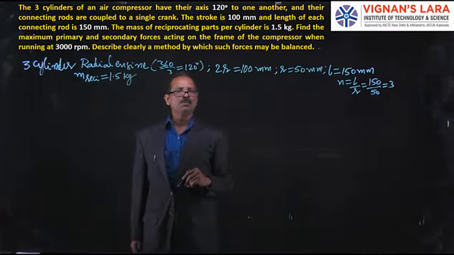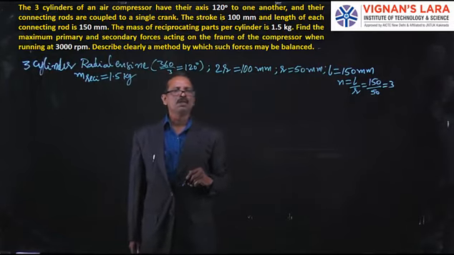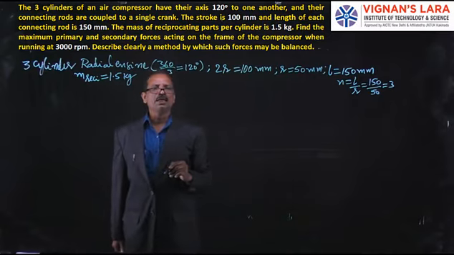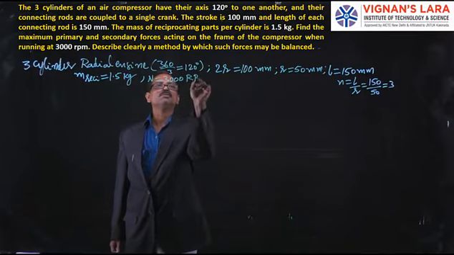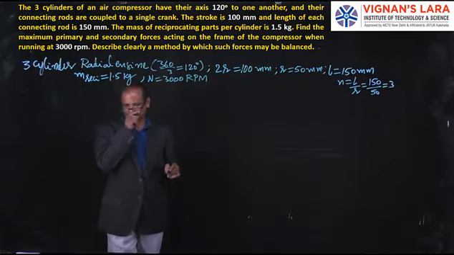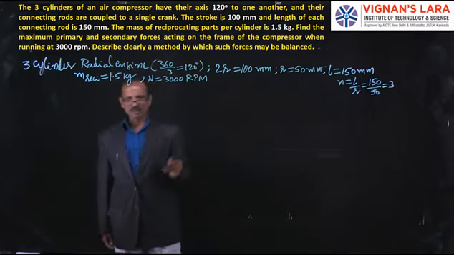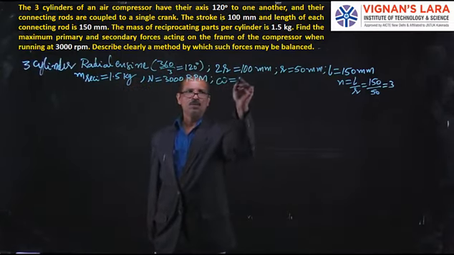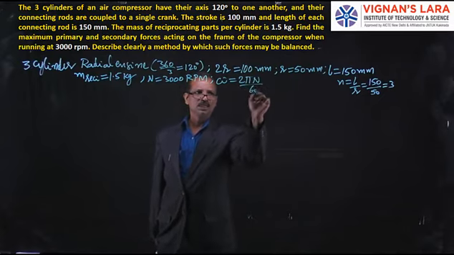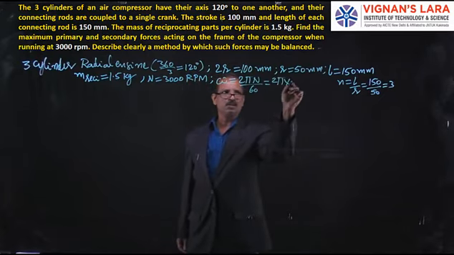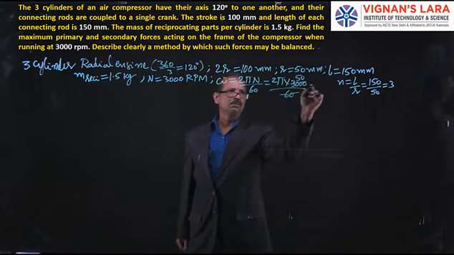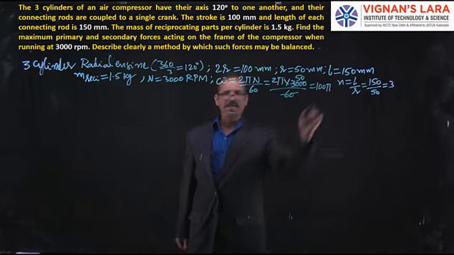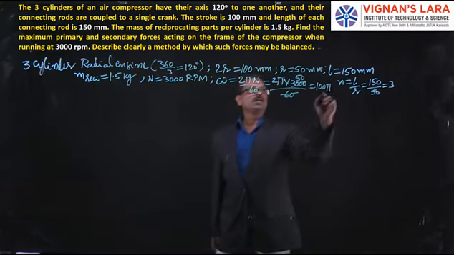Find the maximum primary and secondary forces acting on the frame of the compressor when the engine is running at a speed of 3000 rpm. So this is the data given to us. We can find omega as 2 pi N by 60, that is 2 pi into 3000 by 60, so 100 pi radians per second.